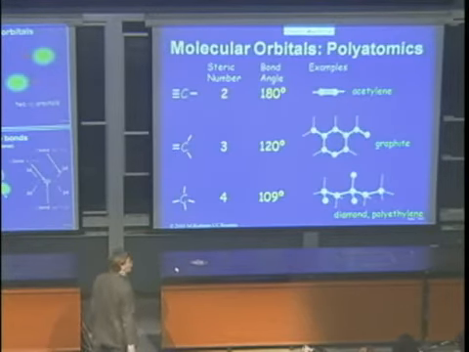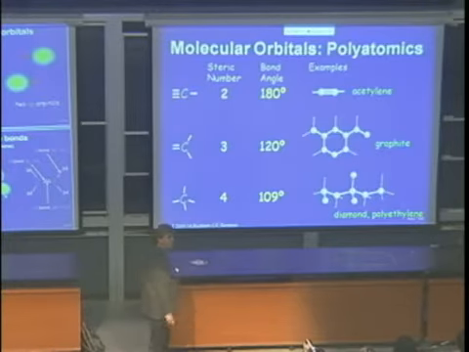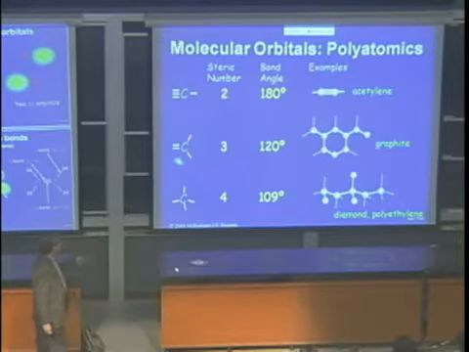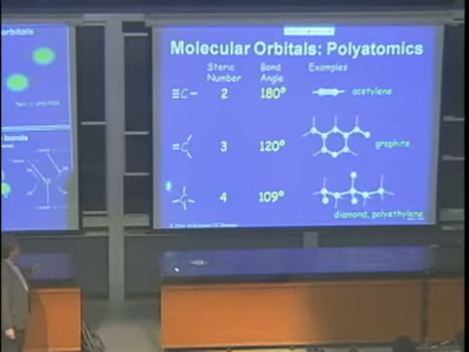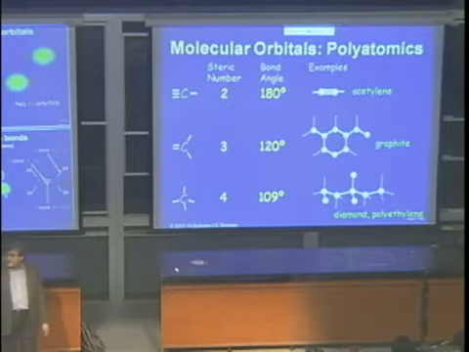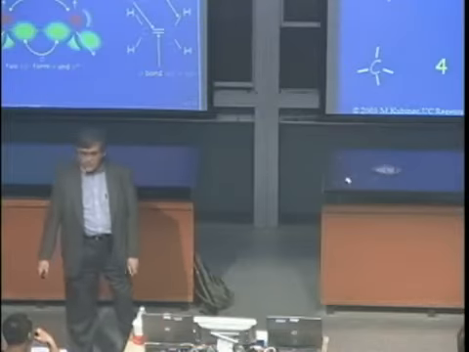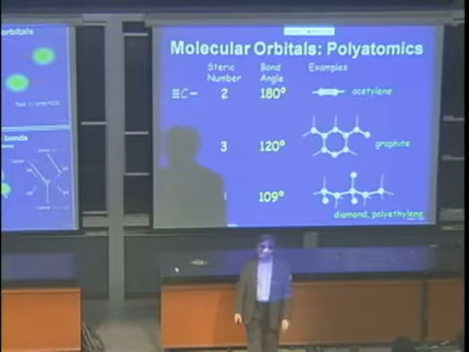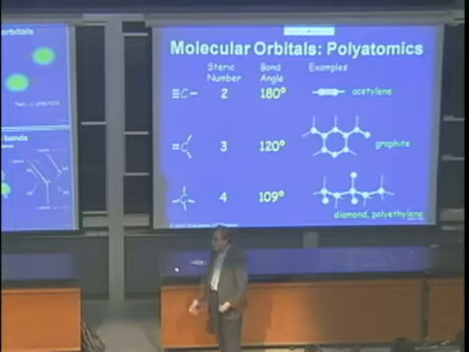The point that I'm trying to make here is not about graphite and diamond. The point is there is no way that we can accommodate something like this or like this. This maybe we can accommodate with s and p coordination. But we can't accommodate this with the molecular orbitals that I've shown you so far, because they have only 90 degrees. They are s and p.